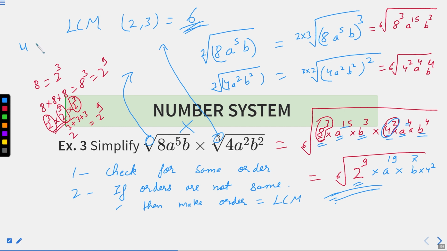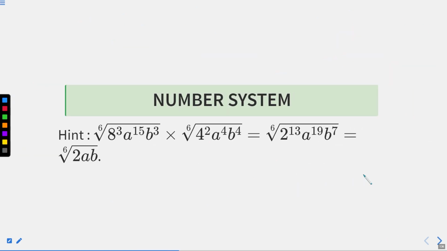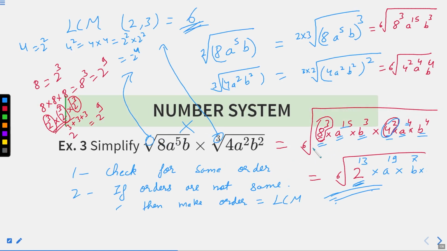I can write 4 as 2 squared, so 4 squared is 4 times 4, which is 2 squared times 2 squared, so the total number of 2s getting multiplied is 2 plus 2, which is 4. So 2 to the power 4. Here we also have 2 to the power 9, so they can be merged: 2^(9+4), which is 2^13. So the answer is the 6th root of 2^13 a^19 b^7. I hope this is clear.